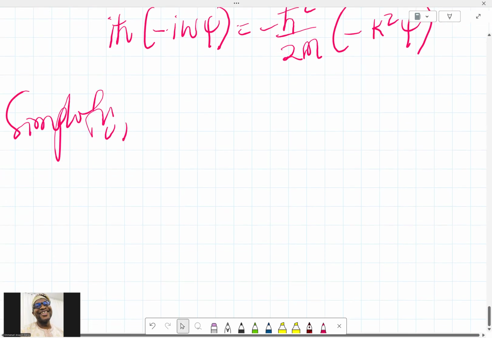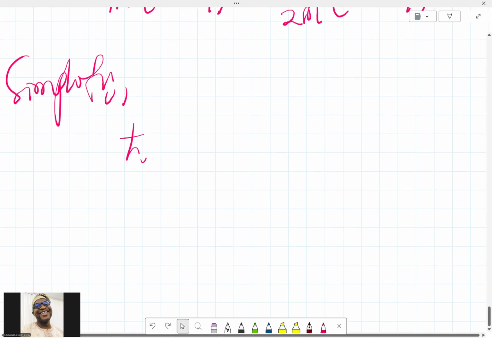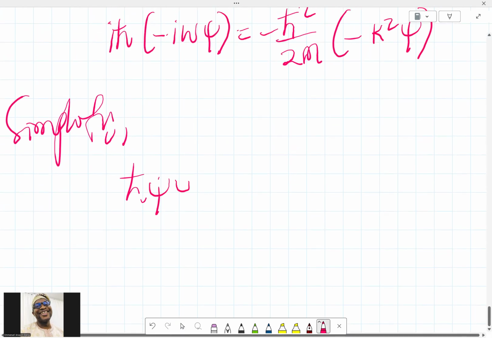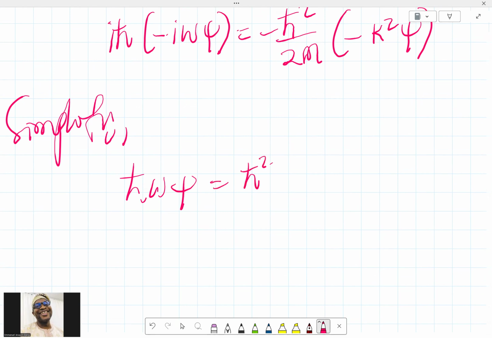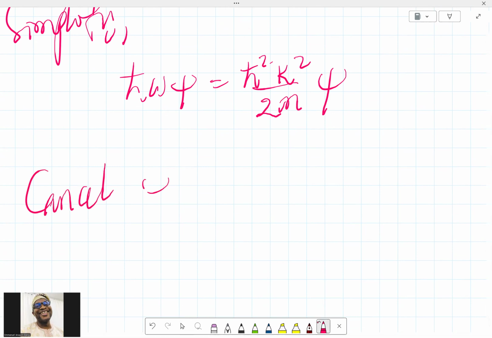we have h bar omega psi equals h bar squared k squared over 2m psi. So we can cancel psi, which is non-zero.